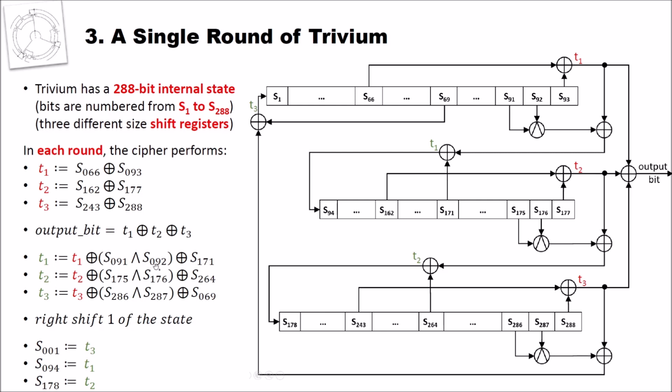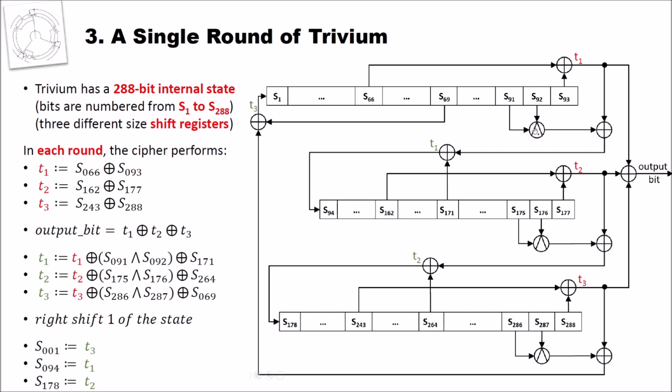Where can we find this in our drawing here? When we have a look, we go from T1 to the next T1 step. Here we have our T1, and we go down to here. Here we can see the 91st bit and the 92nd bit, and these are combined using an AND operator.